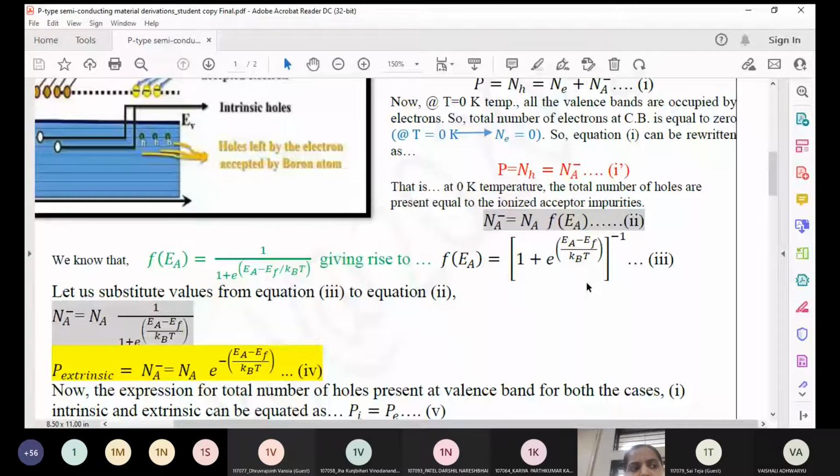But over here, do you think that approximation is needed, friends? F of EA, rightly Sai said, is equal to this one raised to the power of minus 1. Do you understand from this green color font to the black color font how it comes as in equation 3? What is it?